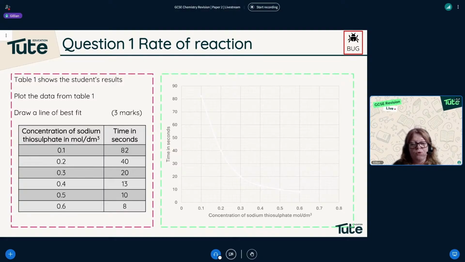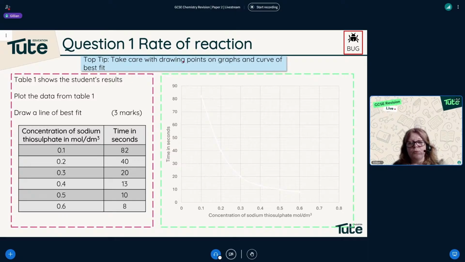Okay, then, moving on to our next question. You could be asked to plot a graph tomorrow in your exam. My top tip for you is obviously make sure you've got your equipment: a pencil, ruler, eraser, pencil sharpener. Take care with drawing points on graphs and curves of best fit.